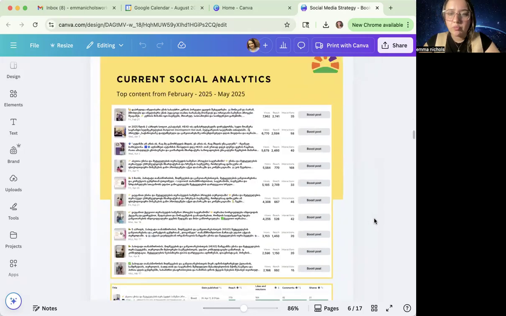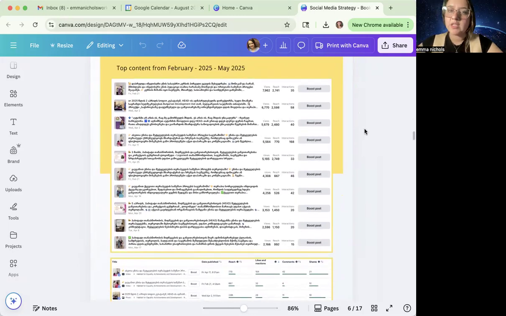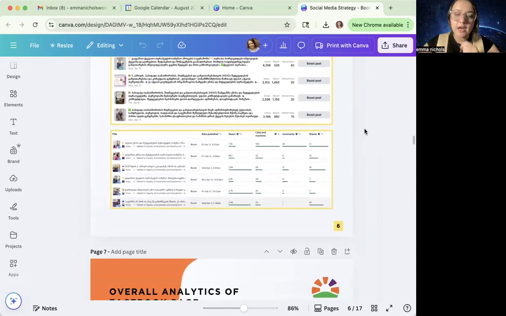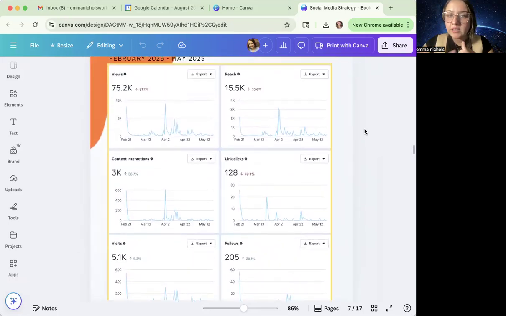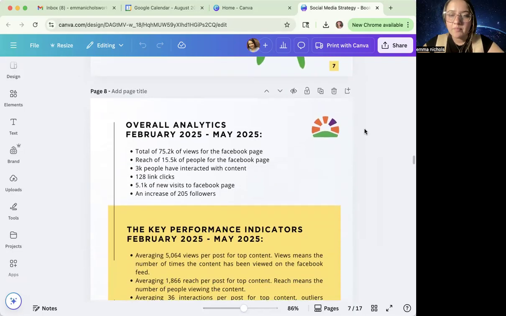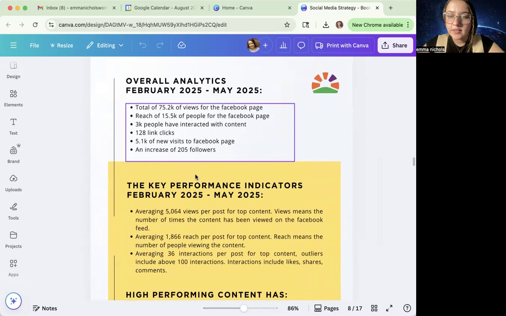Okay, so this is the social analytics from February 2025 to May 2025. You'll go ahead and take a deeper look at this, but you can see the top posts, why they're the top posts, what was most talked about, and overall analytics like link clicks, views, reach, and content interactions. We've got right here a summary of it all.